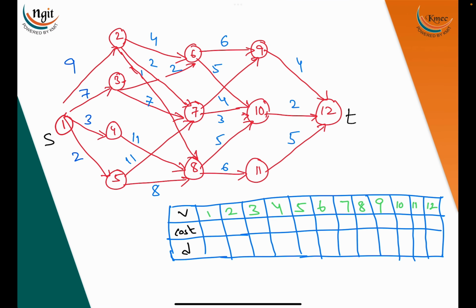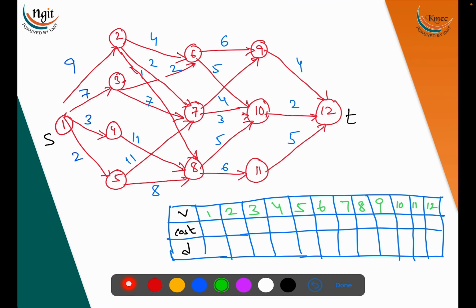First of all, we have to start from the source to target, or source to sink. Now, over here I'm not moving from source to target, but I'm coming from target to source, because to reach from source to target I have to take other nodes also. But if I come from back to front, from the target, it will be very feasible for us to know the defined cost.